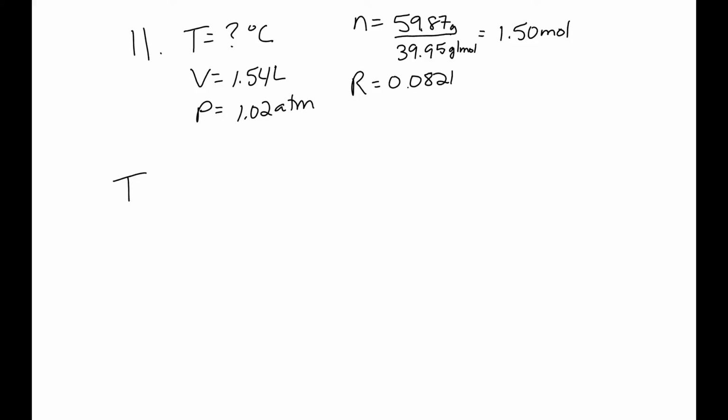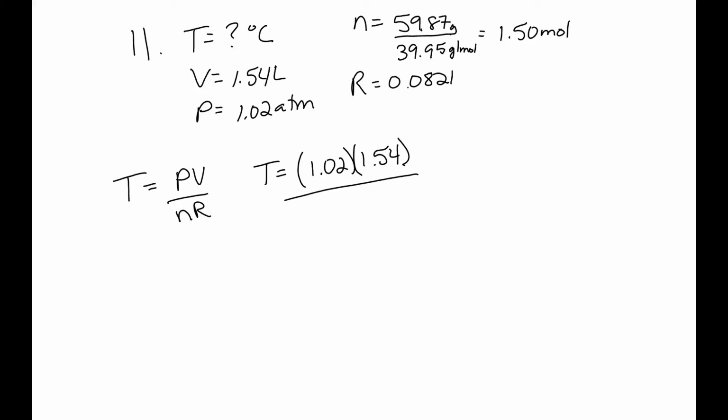We want T. We know that T is PV over NR. So T is 1.02 times 1.54 divided by 1.50 and 0.0821. When we do this, we get 12.8 K or 13 K.